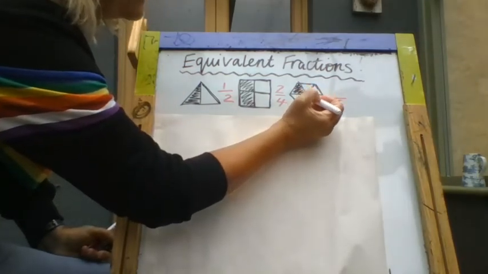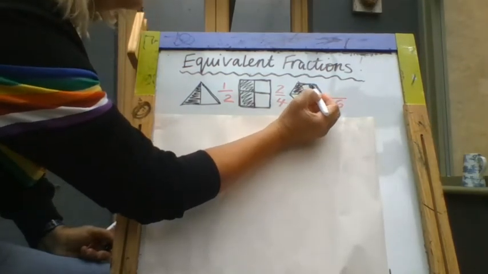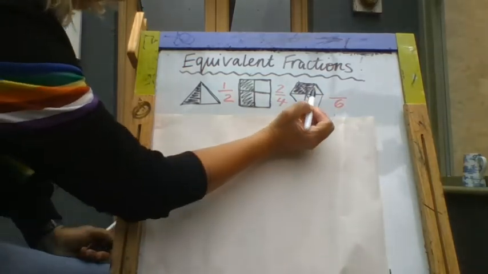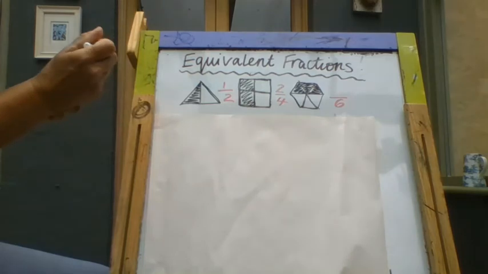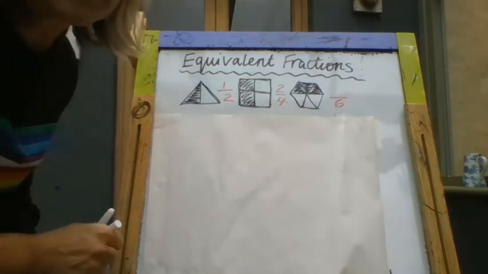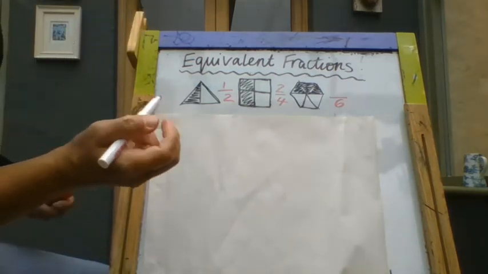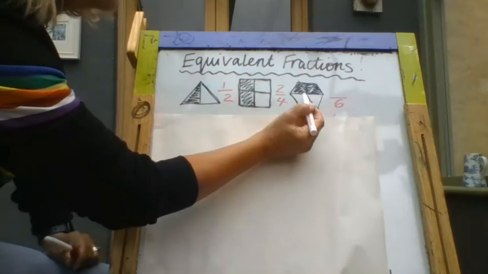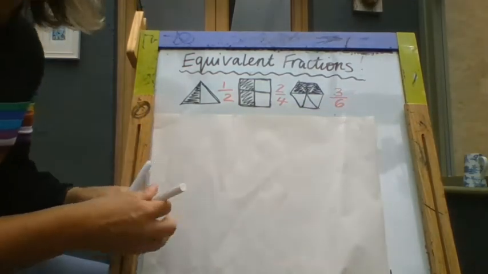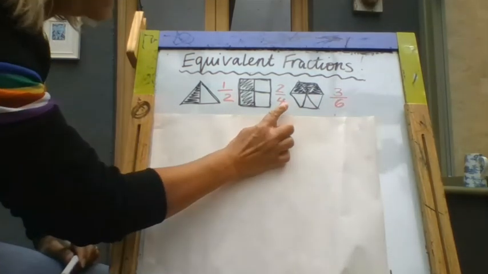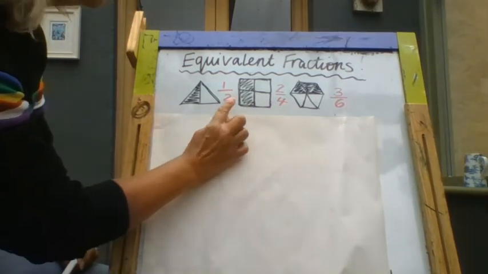If I shade that one, that's 1 of my 6, 2 of my 6, 3 of my 6. You can see visually that I have shaded in 1/2 of my shape. How many parts of those 6? 3 of them. So 3/6 is the same as 2 quarters and 1/2.